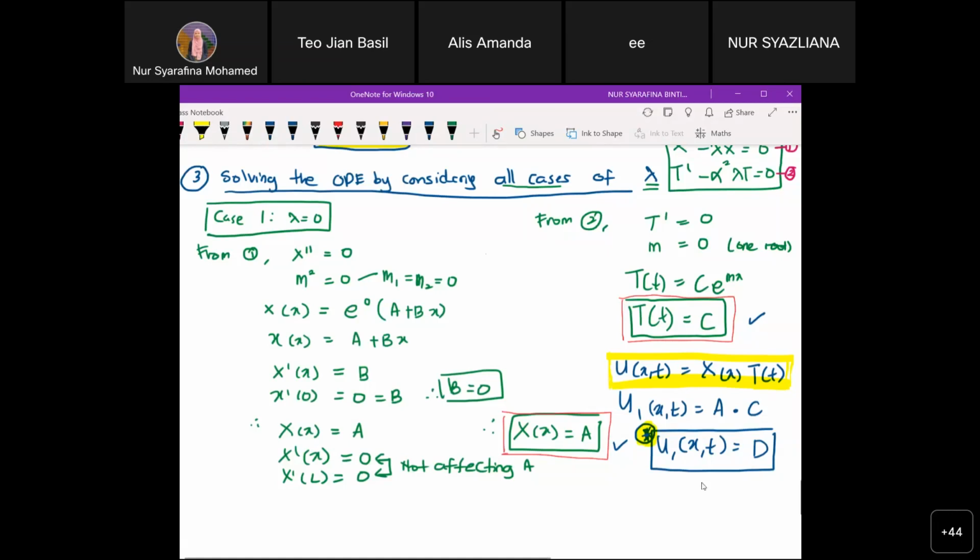Okay, now let's proceed with case 2. What do we need to consider in case 2? Lambda should be greater than 0, right? So let's say lambda equals to p squared.